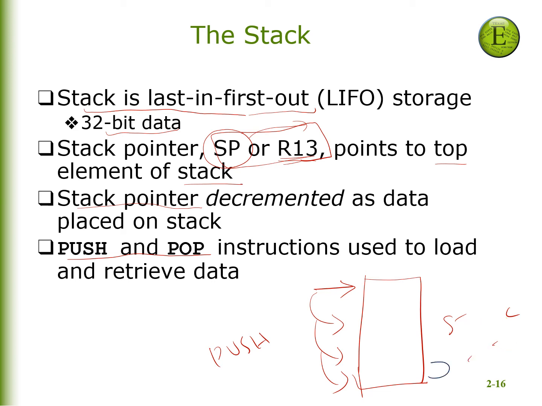When you pop something, the stack pointer is incremented. So this is the SP: when we perform push, SP is decremented, it goes down. More on this will come in the next slide.